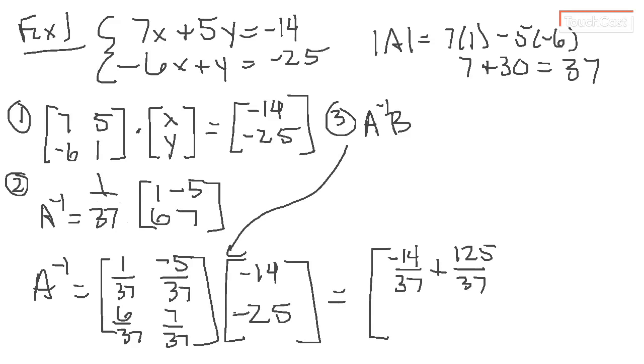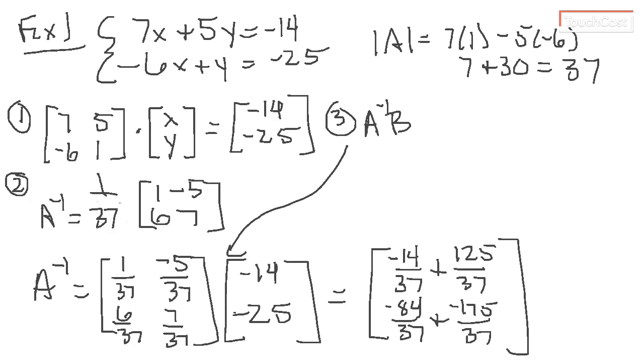So 6 times negative 14 gives me negative 84/37, plus 7 times negative 25 gives me negative 175/37.